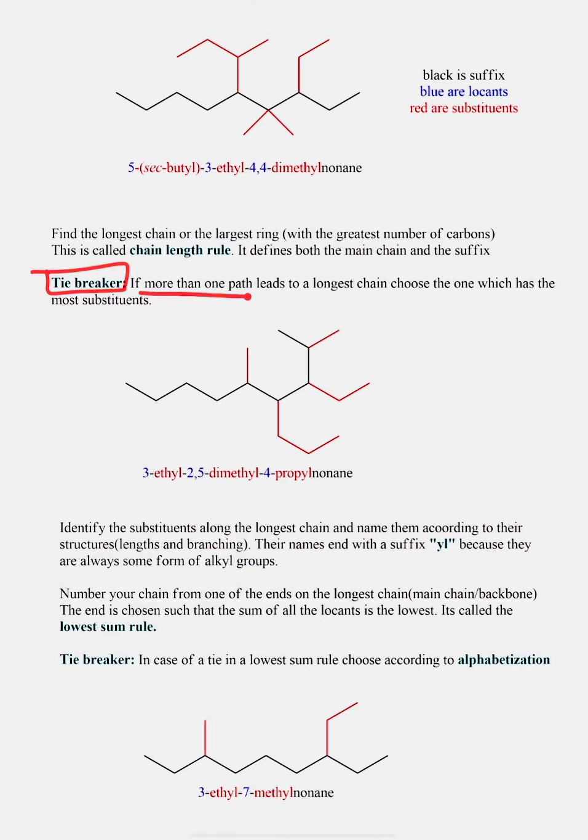If more than one path leads to the longest chain, choose the one which has the most substituents. Let me explain. If I choose this chain as my longest chain, it has only 1, 2, 3 substituents. And if I choose this chain or this path as the longest chain, it has 1 and 2 substituents only.